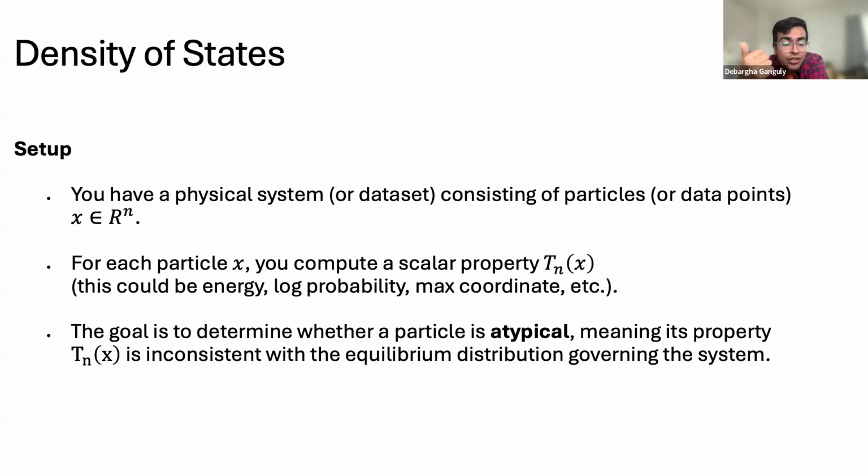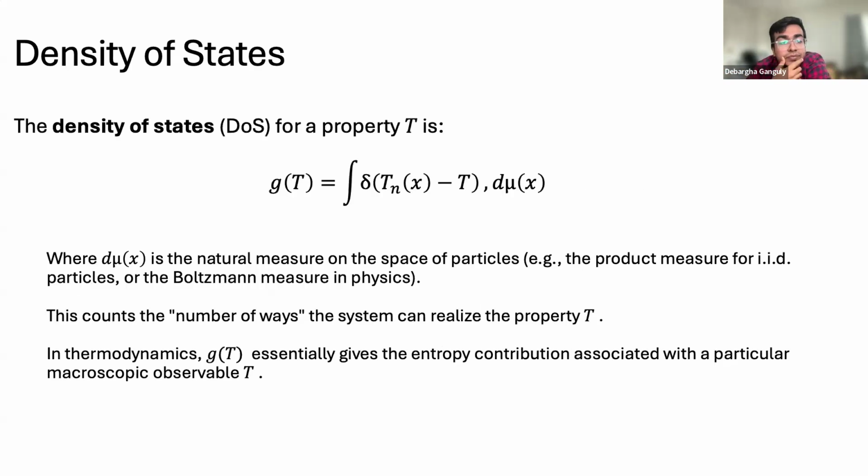This could be the energy, log probability, max coordinates, which is the L infinity norm, etc. And the goal is to determine whether a particle is atypical just on the value of the scalar property. If something is atypical, that means it is inconsistent with the equilibrium distribution of the system.